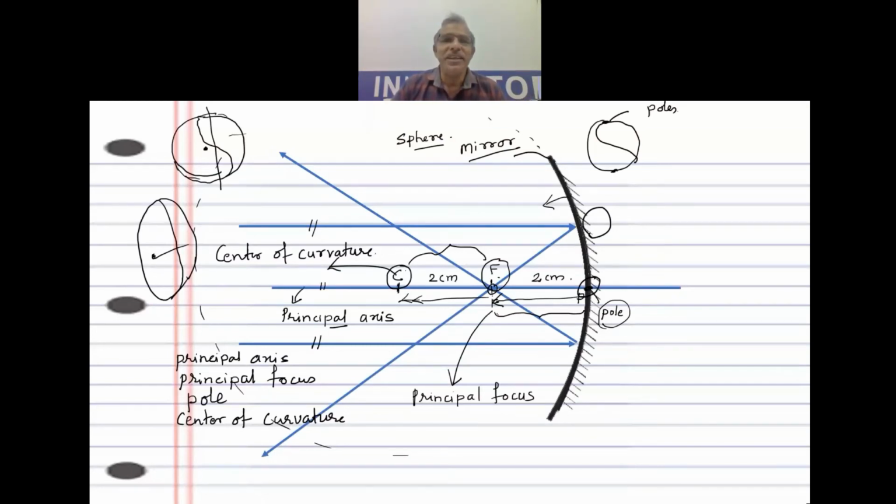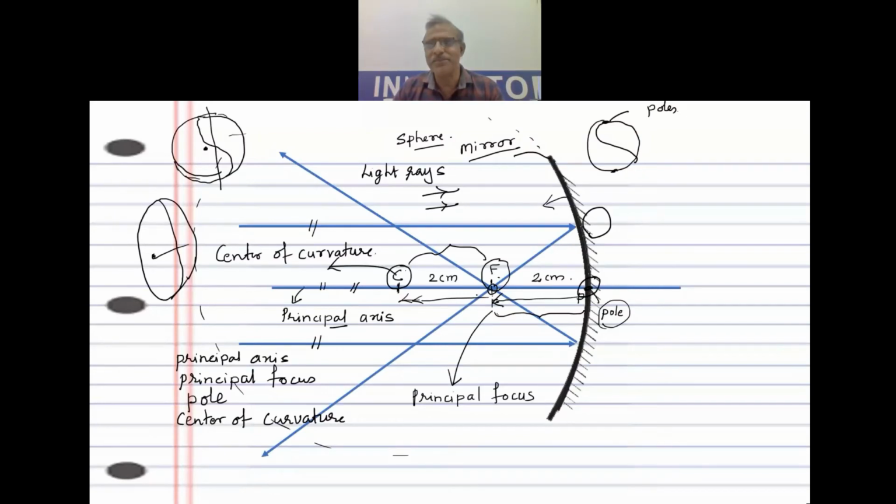So what are important things to be remembered here? Light rays parallel to the principal axis. They should be parallel to what? Principal axis. You may ask me, what about those which are not parallel to the principal axis? Very well, they will not meet on the principal axis at one single point.